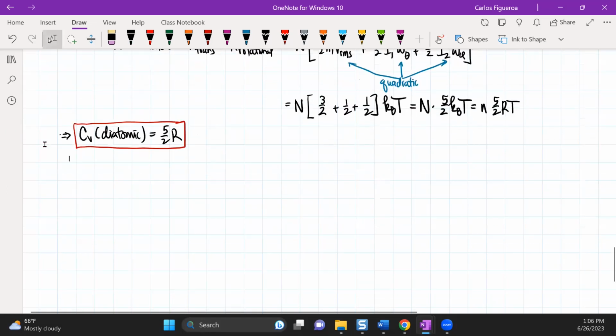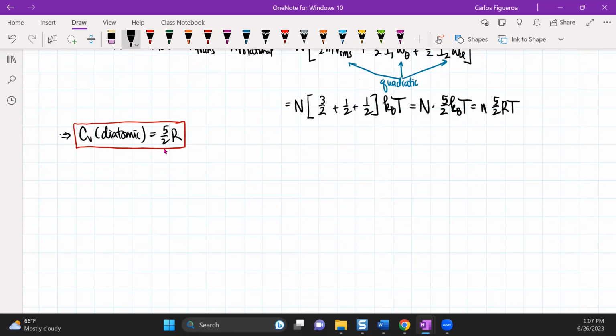So what are the predictions and experimental values for diatomic gases? Let's go look at that. So let's compare them.